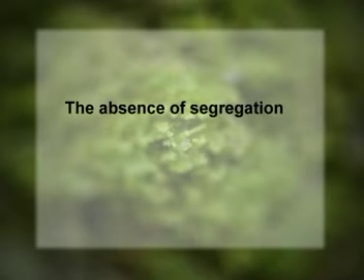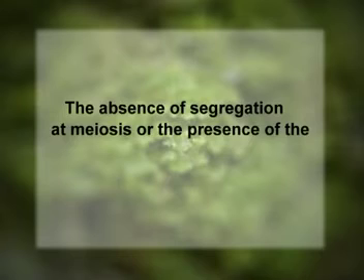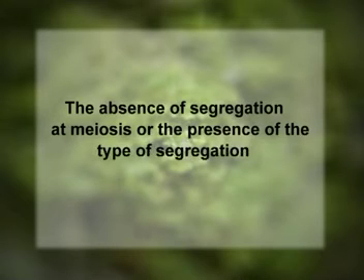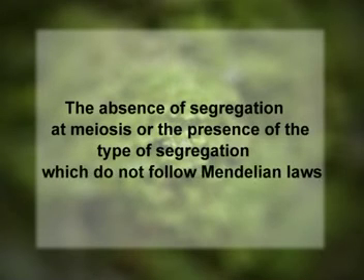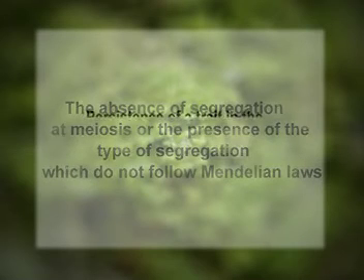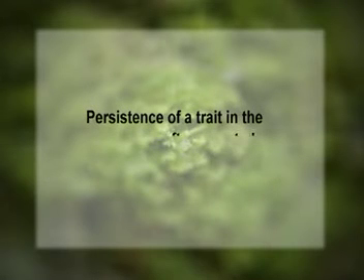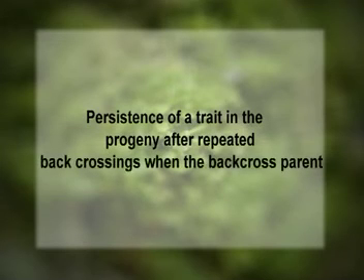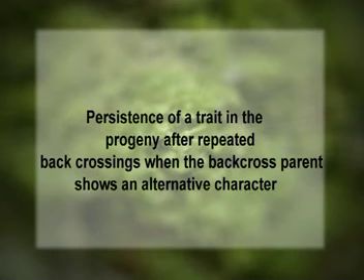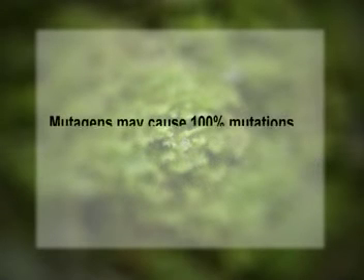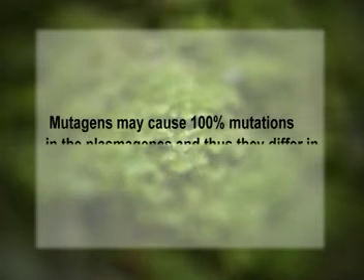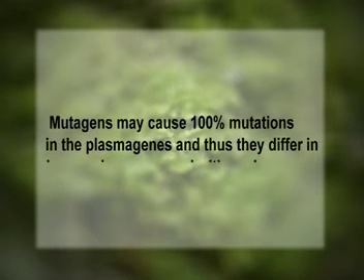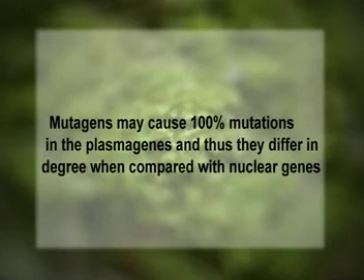Number second, the absence of segregation at meiosis, or the presence of the type of segregation which does not follow Mendelian laws. Number third, persistence of a trait in the progeny after repeated backcrossings when the backcross parent shows an alternative character. Number fourth, mutagens may cause 100% mutations in the plasma genes, and thus they differ in degree when compared with nuclear genes.